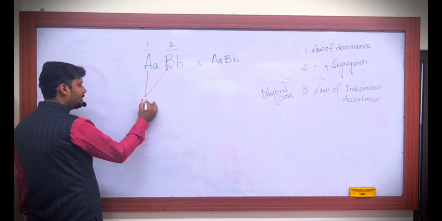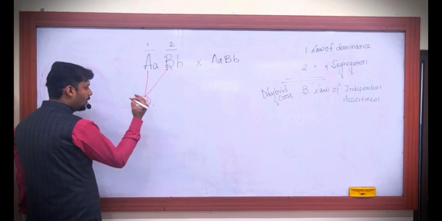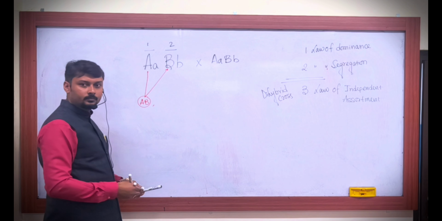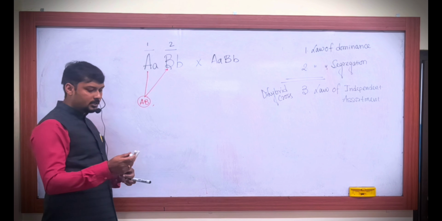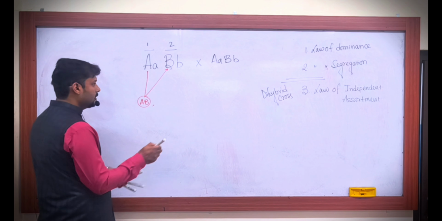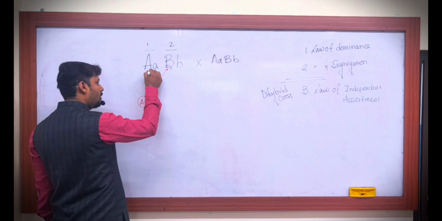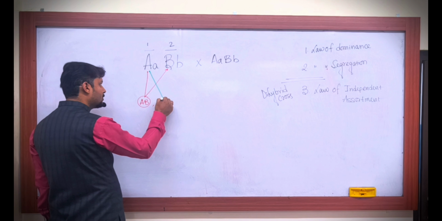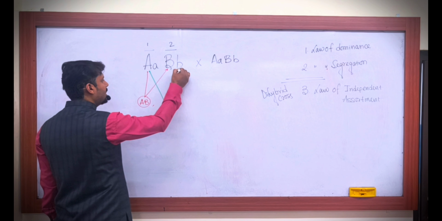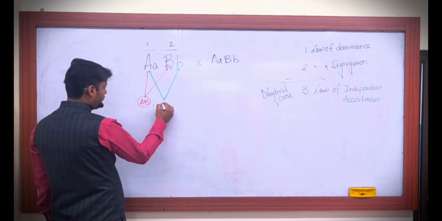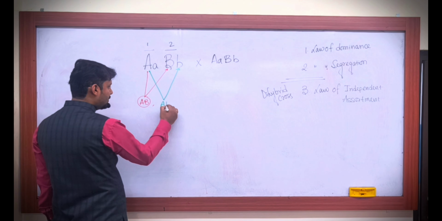So the gamete will be capital A, capital B. Clear? Just see how I am solving this. This is the law of independent assortment. Now, the same allele of the first gene will be assorted with the next allele, that is capital A, small b.